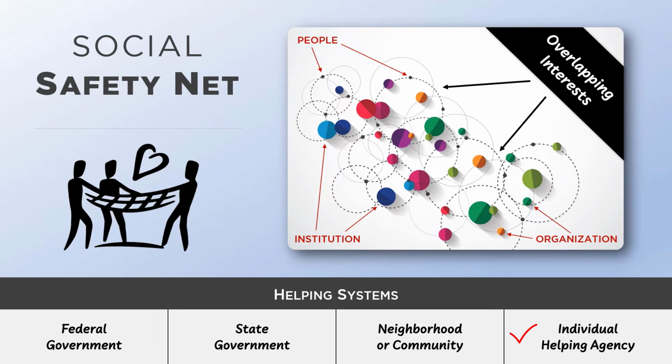Also, individual community and faith-based organizations have their own helping systems in place, like a local church, food pantry, or homeless shelter.